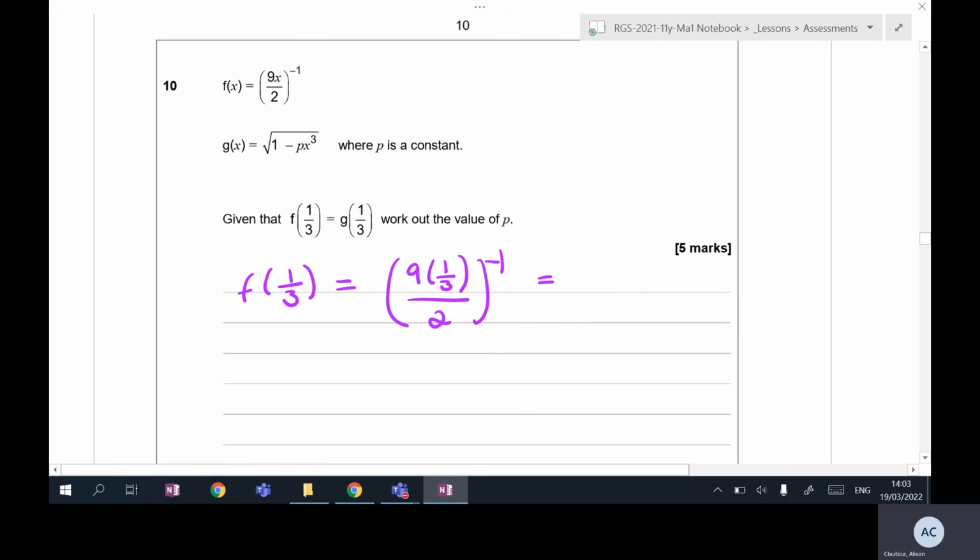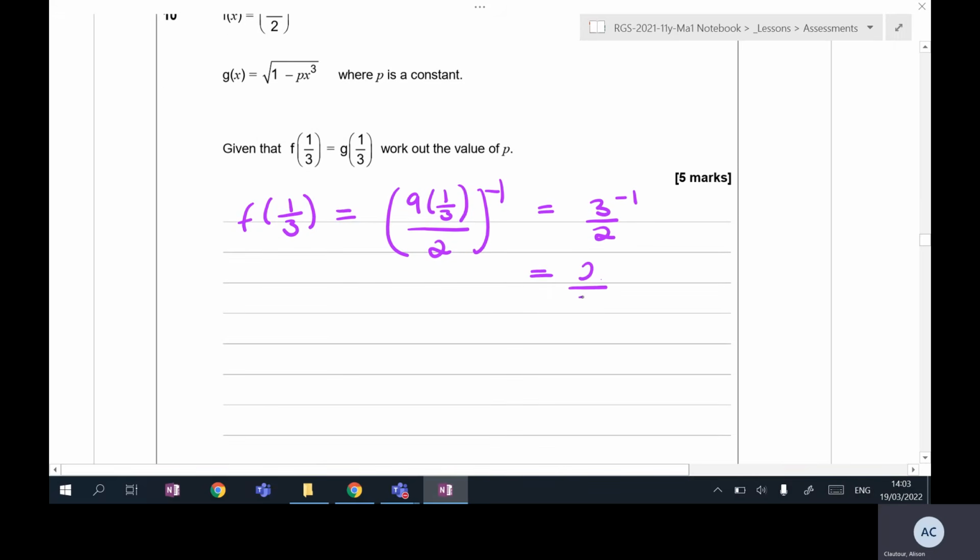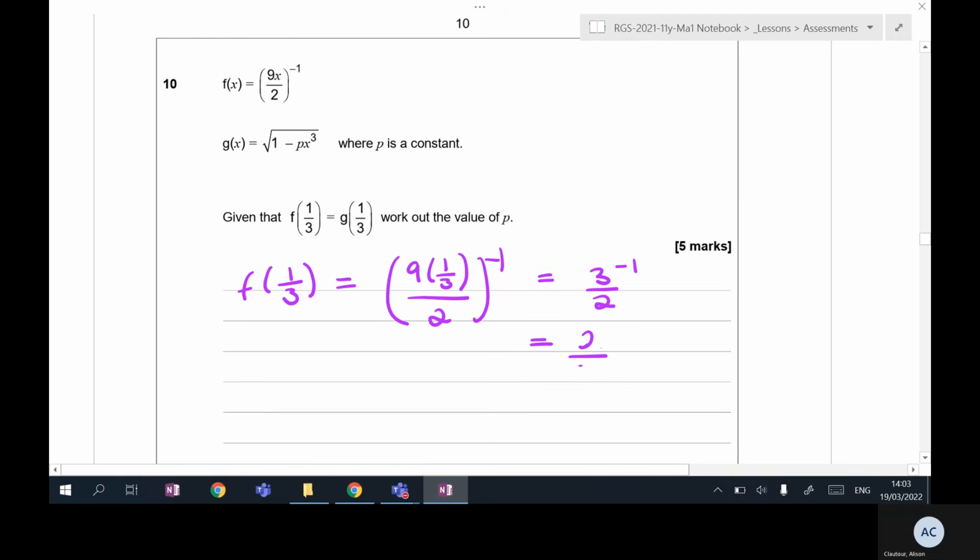So 9 times a third is obviously 3. So we're doing 3 over 2 to the minus 1. And remember, negative 1 will make that the reciprocal. So 2 over 3.